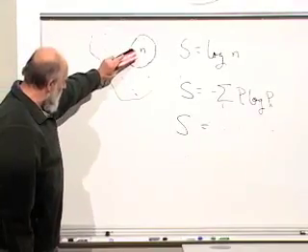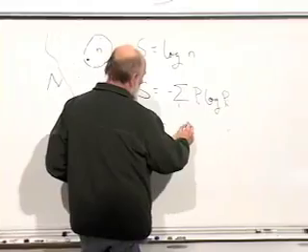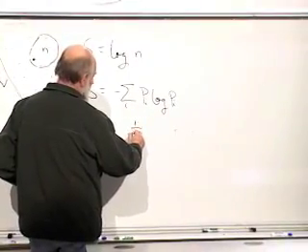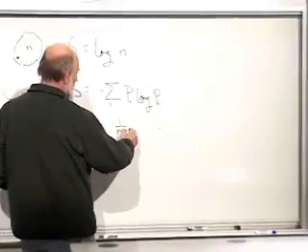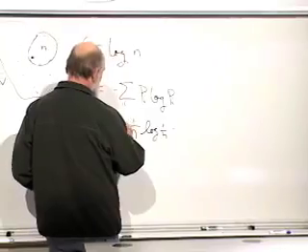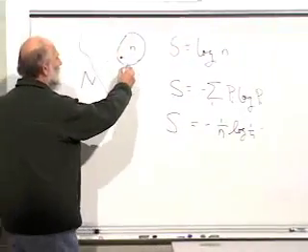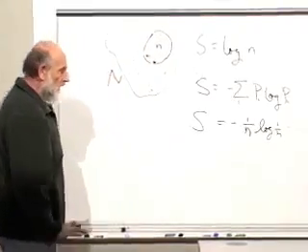Let's concentrate on a point inside n. What's the probability? It's 1 over little n. What's the log of the probability? Logarithm of 1 over n, with a minus sign. And that's the contribution for any one of the states in here.